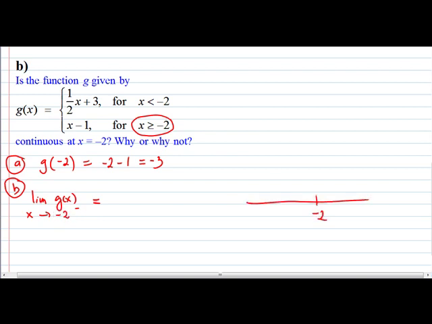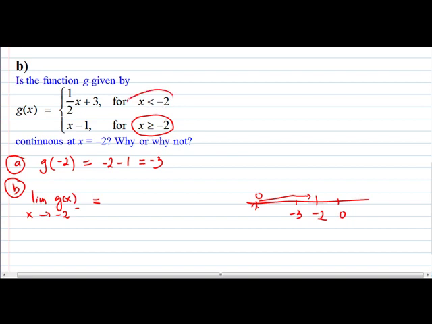here's minus 2, and go very close to minus 2 on the left. So right here is minus 3, right here is 0. So I'll go very close to minus 2, like minus 2.001. Is it less than or greater than minus 2? Minus 2.00001 is actually less than minus 2.